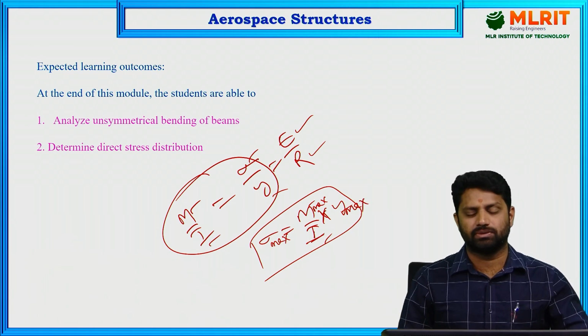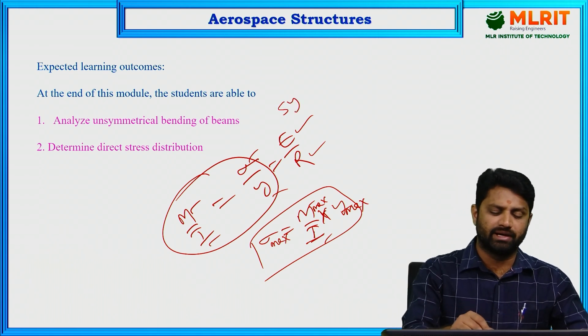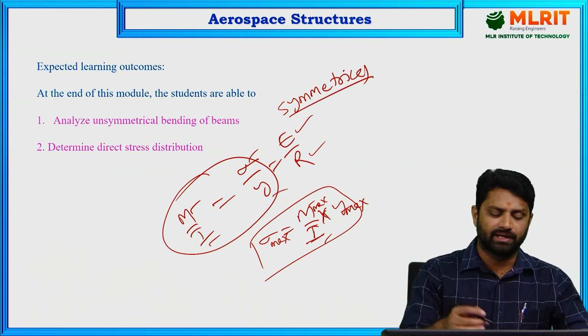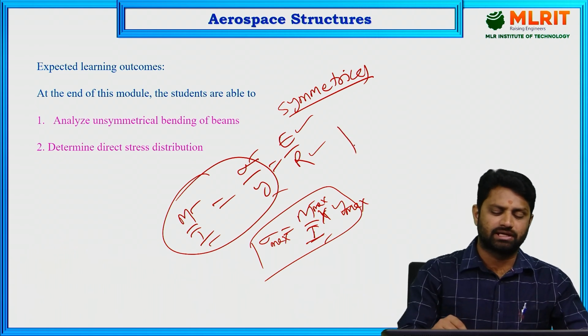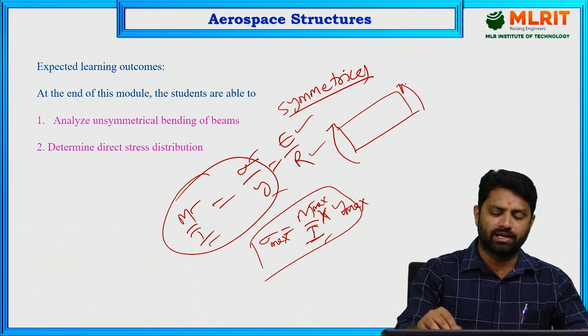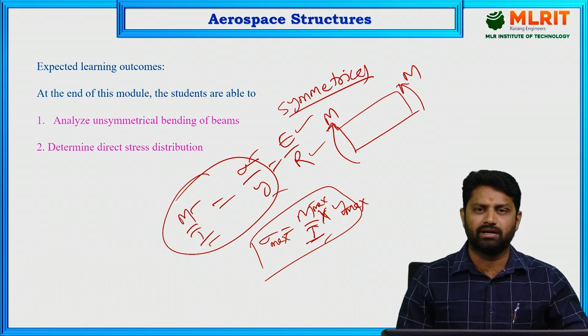This is the bending condition which we have seen, which is nothing but symmetrical bending. There we don't consider Mx or My or Mz. We just consider one small rectangular element and apply bending moments M of equal intensity on both ends, so that the beam bends.